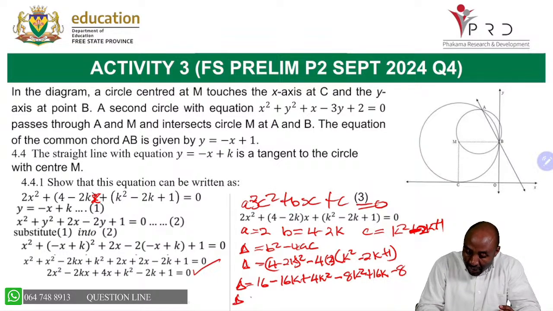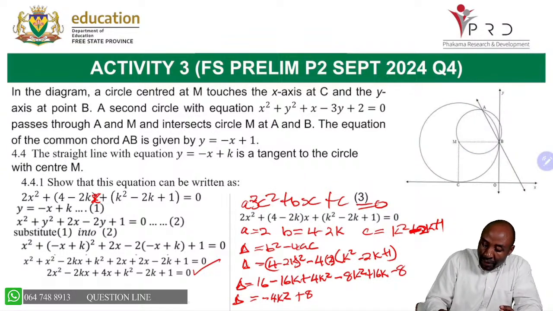When we simplify this one, let's have 4k squared minus 8k squared, we'll get negative 4k squared, and then we'll have negative 16k plus 16k, it will give us 0. Then we'll have 16 minus 8, this will give us plus 8.